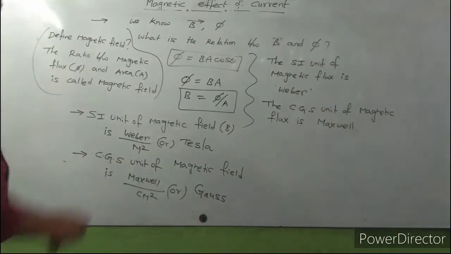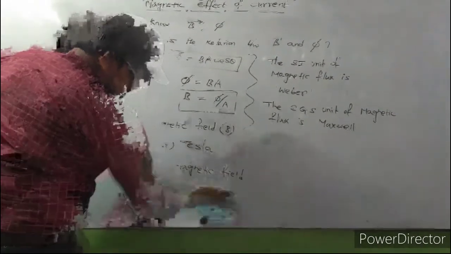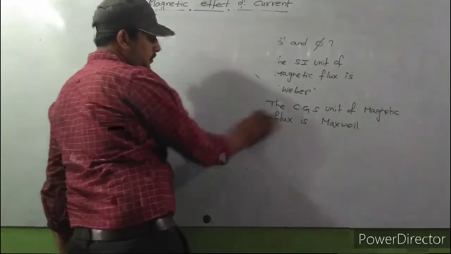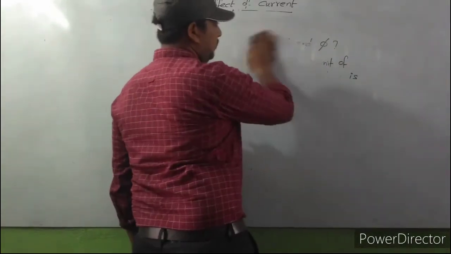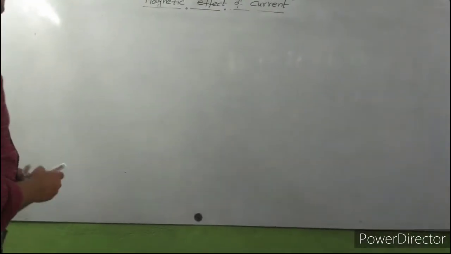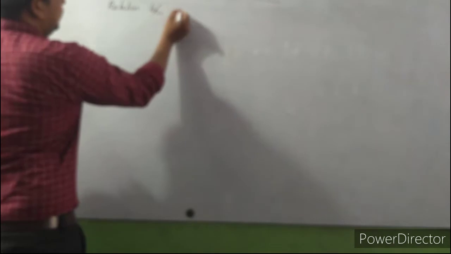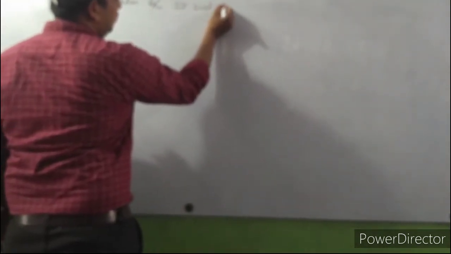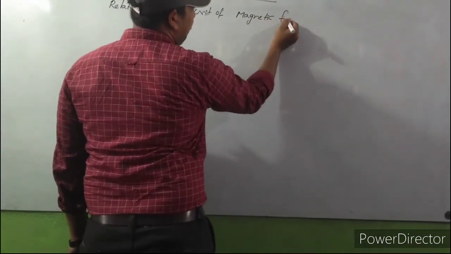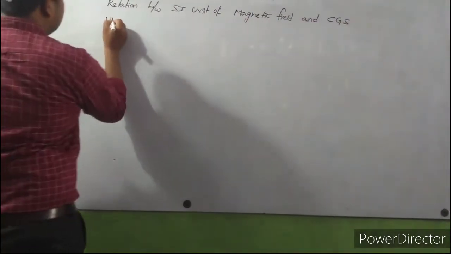Next, relation between SI unit of magnetic field and CGS unit of magnetic field.